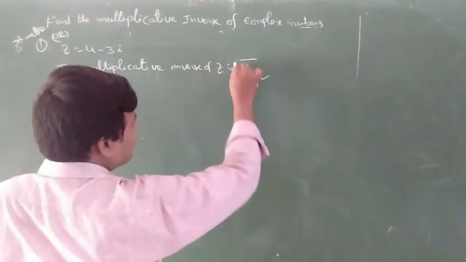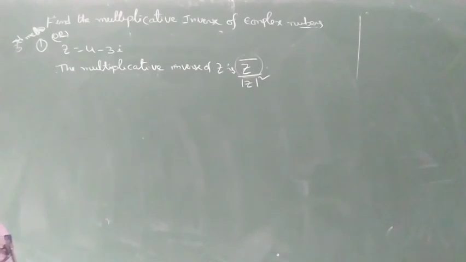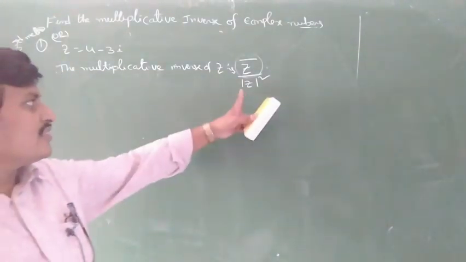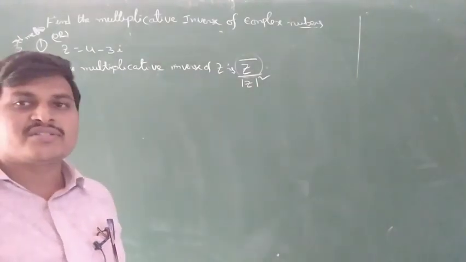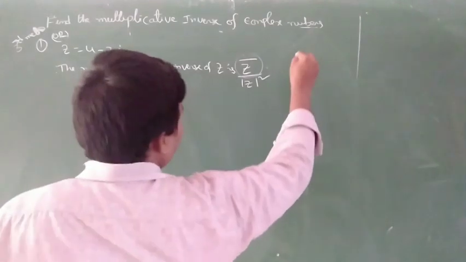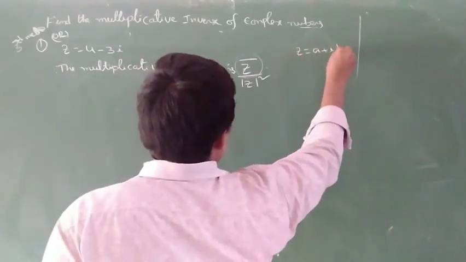What is the meaning of Z bar? Z bar means conjugate of Z. Mod Z means modulus of Z. What is the conjugate? For example, Z is equal to a plus ib.